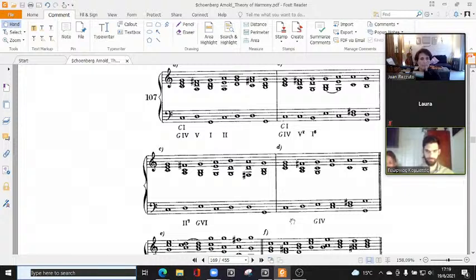Then a 1, and then a 6th in first inversion, and then a 2 with 7th, and then these 2 would be the 5 of G, and then G.